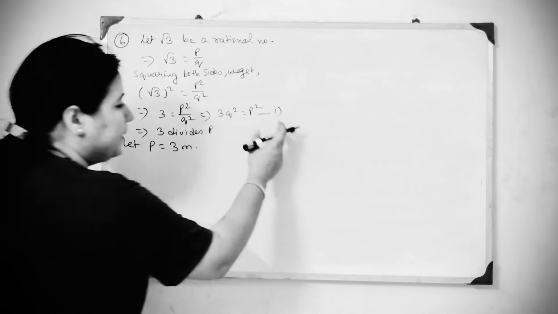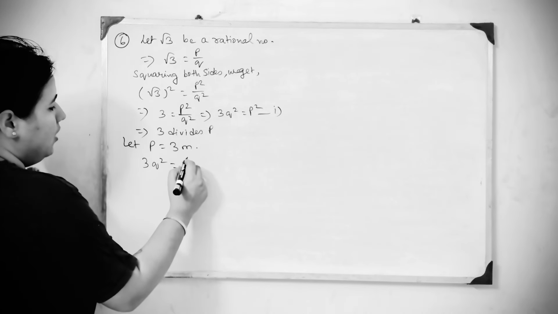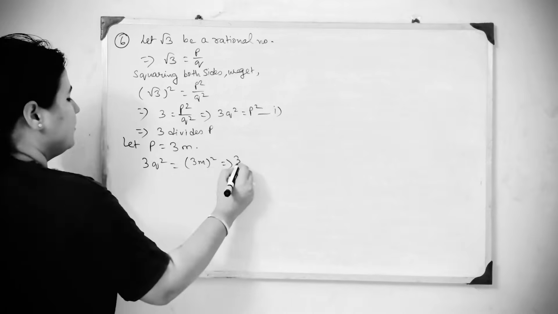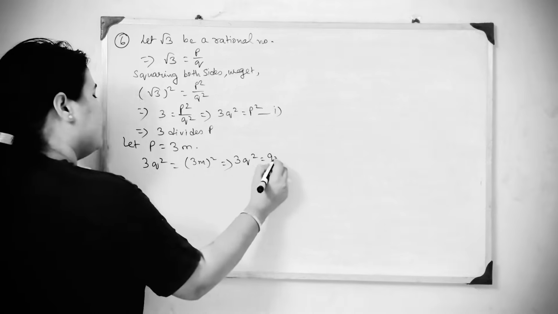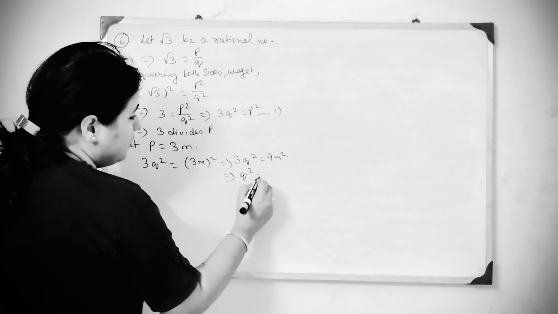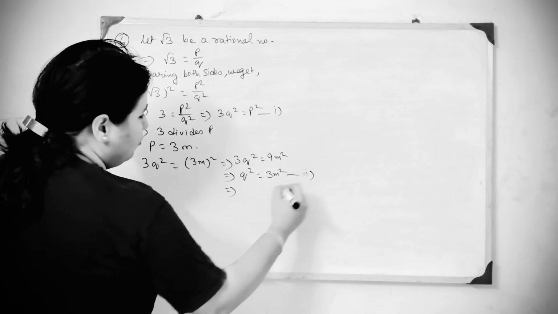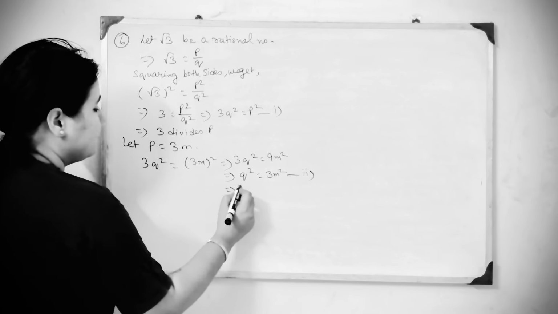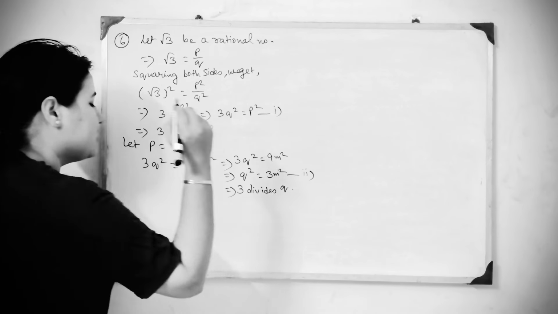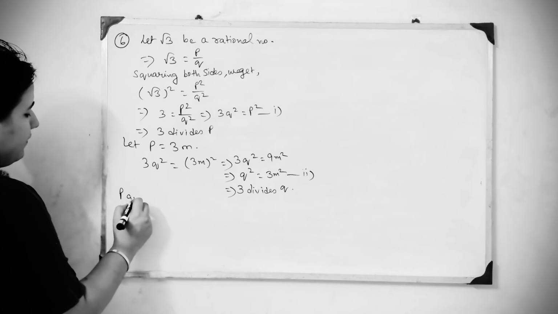Putting the value of P in equation 1, we will get 3Q square equals 3M whole square, or 3Q square equals 9M square. From here we can write Q square equals 3M square. Let this be equation 2. It implies that 3 divides Q.